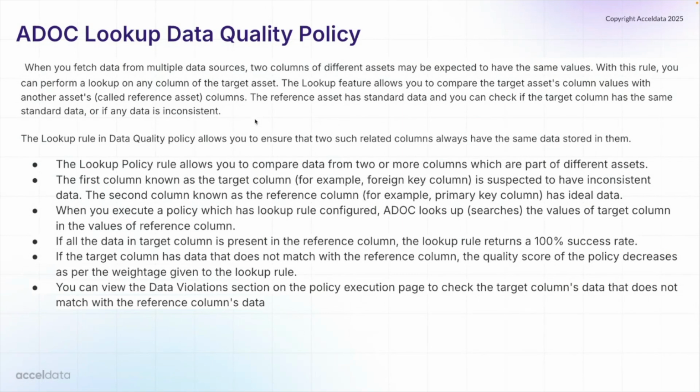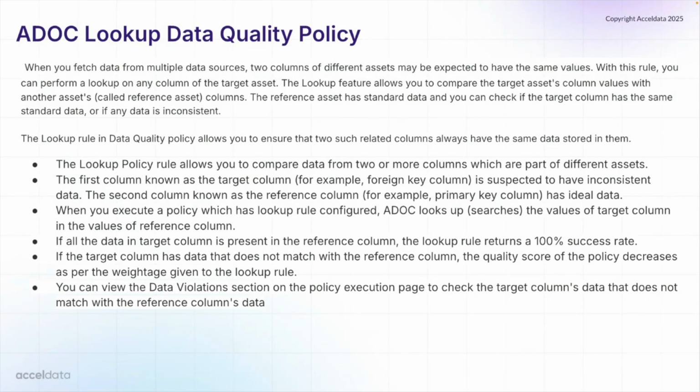Now, the customer table that is coming from the source will look up into this country table, and the country IDs from the customer table would be referenced against the country table, which is a reference asset here.